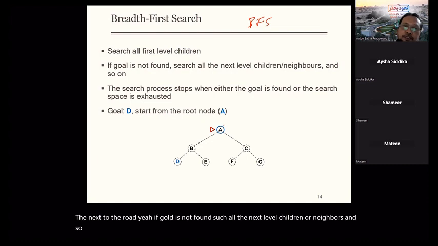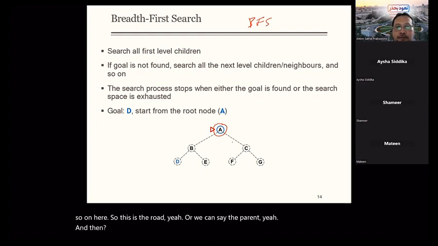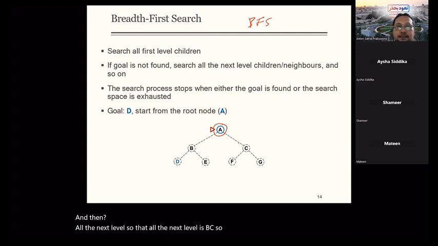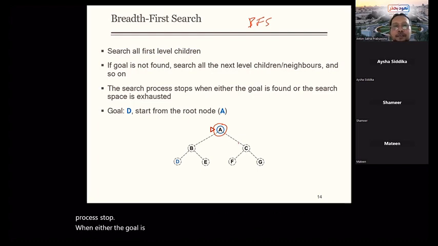So this is the root, or we can say the parent, and then we search all the next level. So the next level is B and C, so we search B and C. The search process stops when either the goal is found or the search space is exhausted.